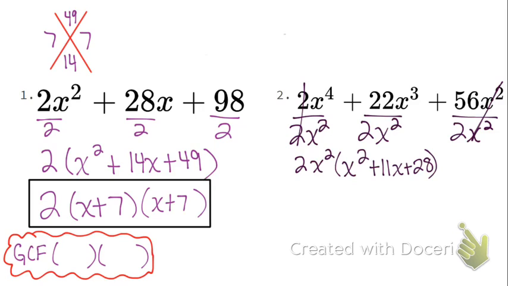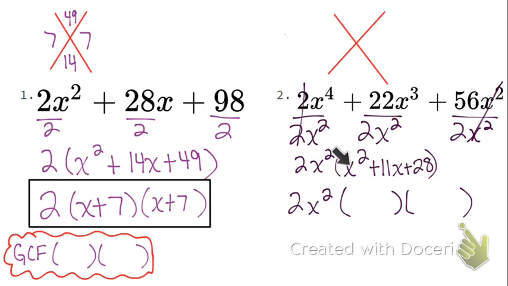I already know that to write my answer, I'm going to need my GCF and 2 sets of parentheses. To figure out what I put in those parentheses, I'm going to use the X method with what I have from my leftovers. So we are going to try to find 2 numbers that multiply to 28 and add up to 11.